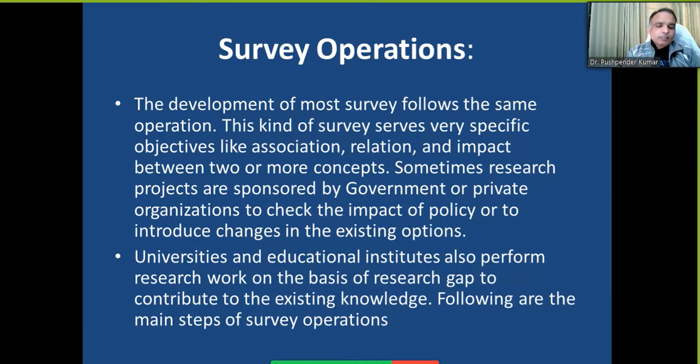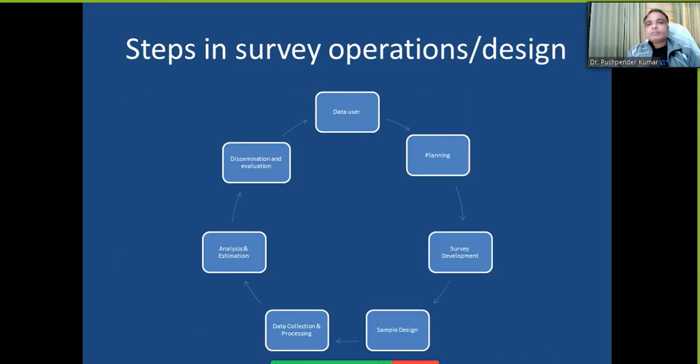So here we have some steps you can see when you think of survey operations. First, the data user. First you need to consult with the data user, to find out what they are looking for.